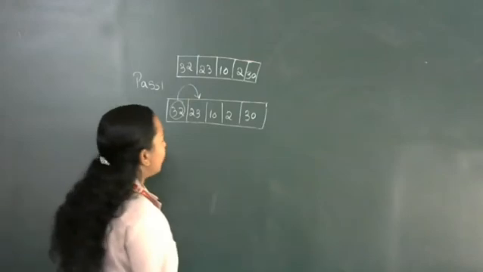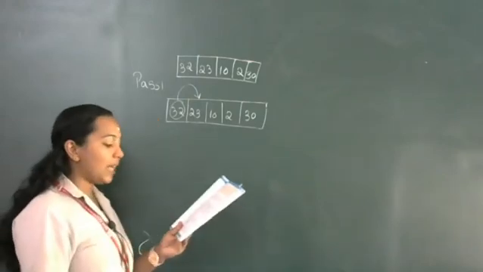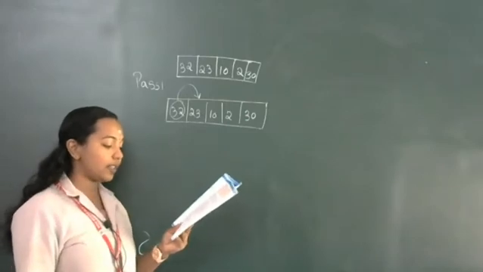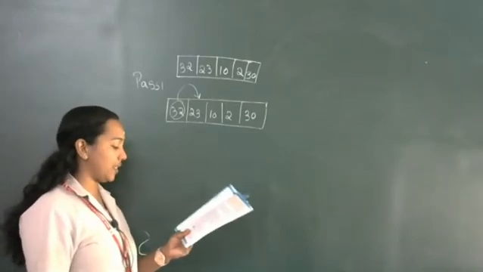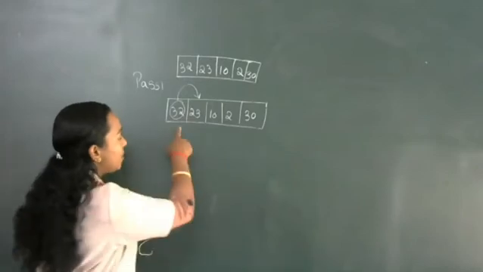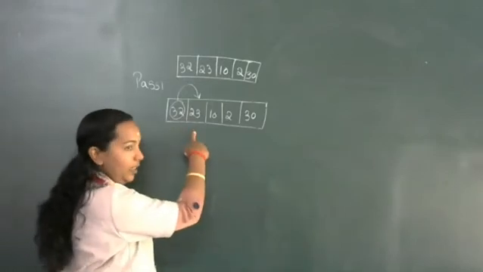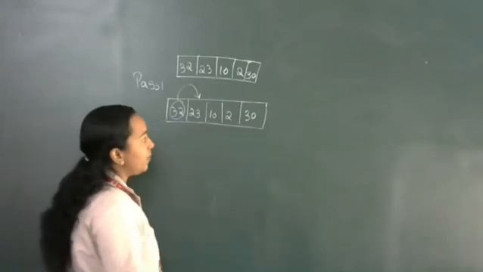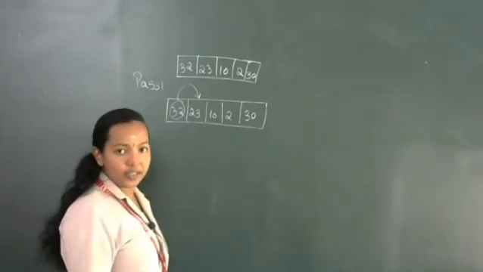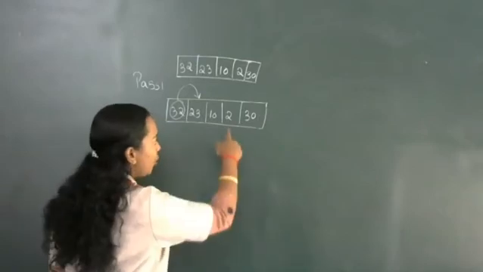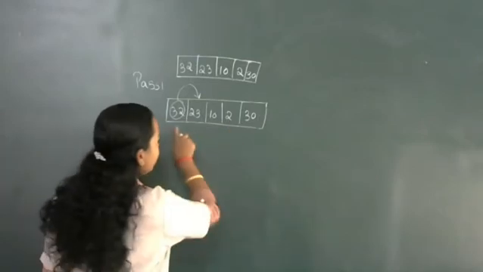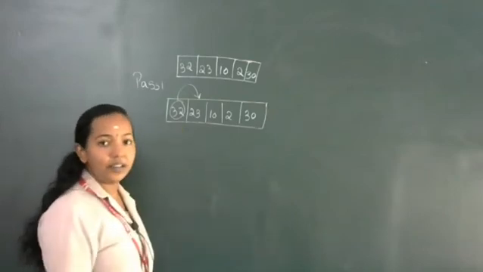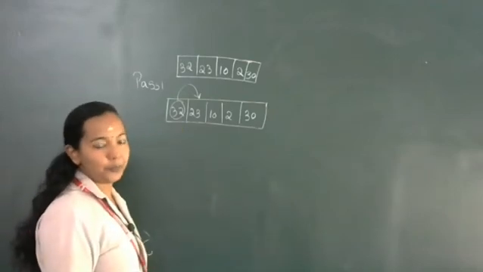In pass 1, the smallest element is 2, and it is selected from the list and then exchanged with the first element. So 32 is first compared with 23, then 10, then 2 and 30. In the first pass, which one is the smallest element? The smallest element is 2.